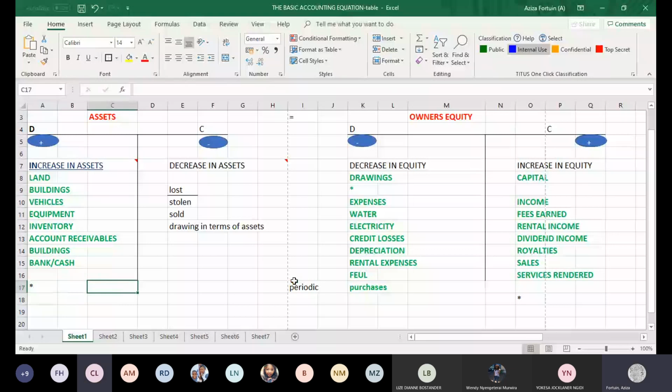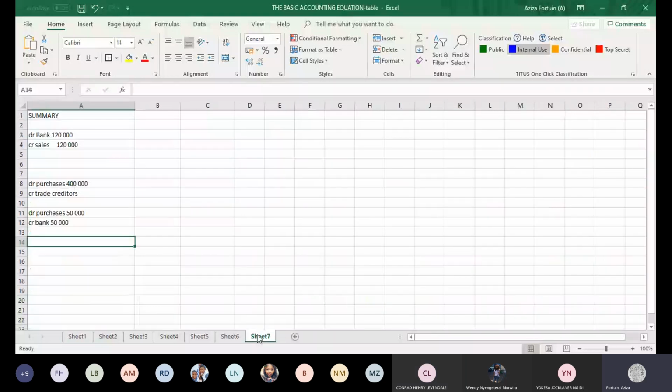I can see bank entries, so debit bank, and then credit sales. Anybody want to say why it's wrong?